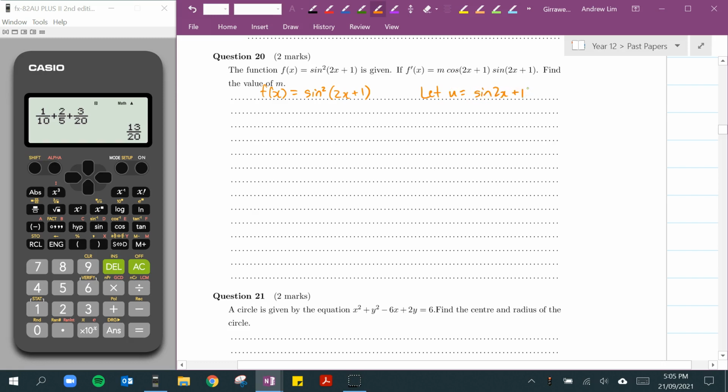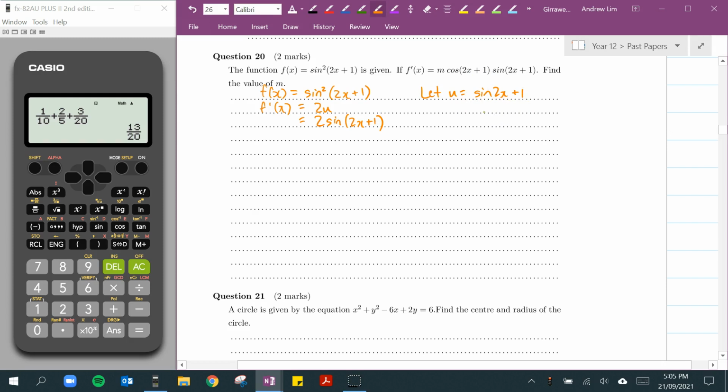So technically we are going to differentiate u squared. When we differentiate that, we're going to get 2u. So that's going to give us 2 lots of sine 2x plus 1. However, because this is in terms of x, we actually need to use the chain rule.